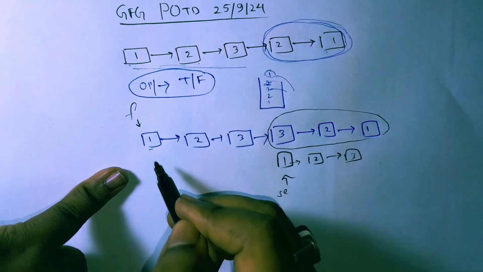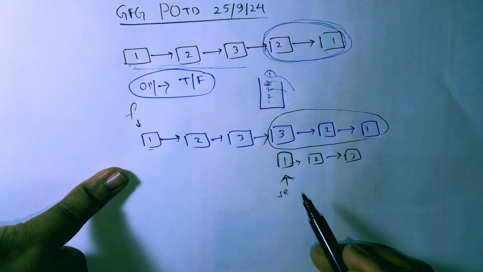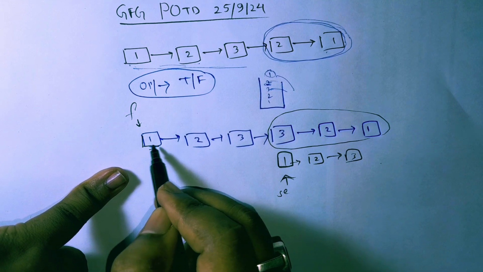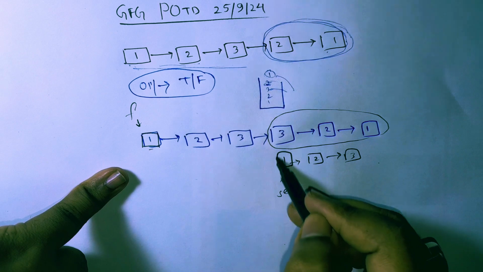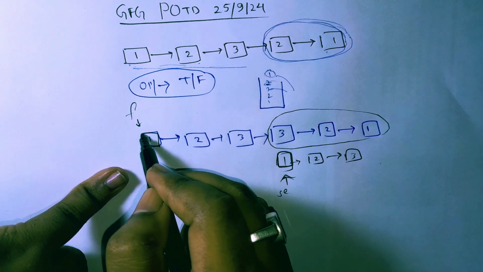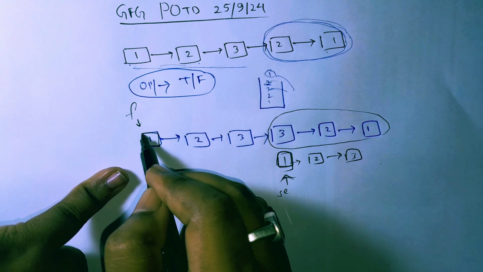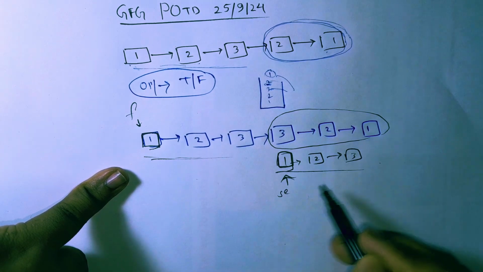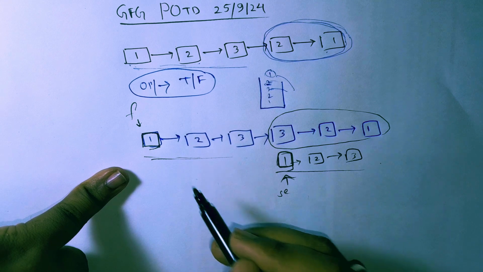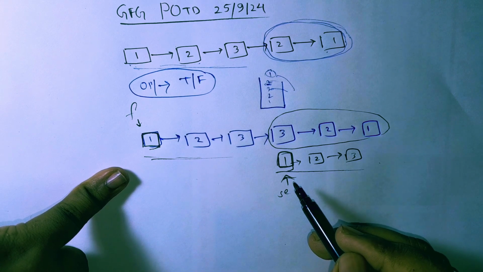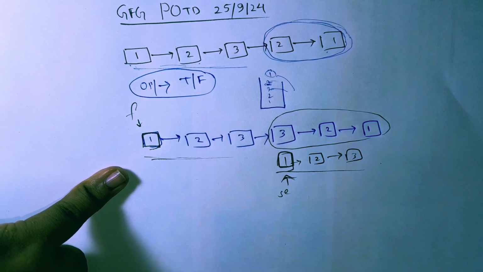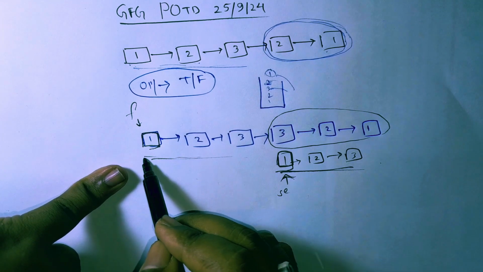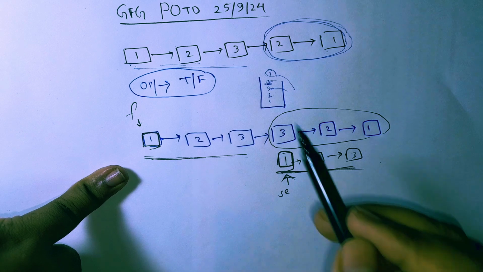If I point these two nodes, where after reversing here and before, and the head of the linked list is here, and I iterate these two linked lists, then I can simply get the output whether my linked list is palindrome or not. So I have to reverse this part and compare between these two parts.